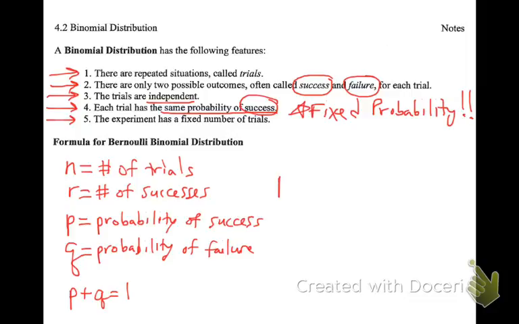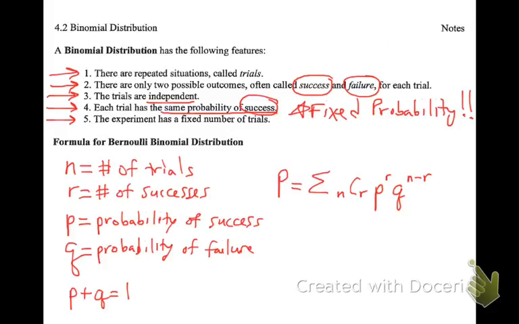Now the Bernoulli formula is going to be found by adding up a bunch of terms. So it's going to be the summation of all the nCr, P to the R, Q to the N minus R. Note a very important thing here.